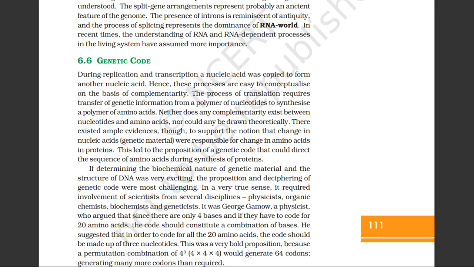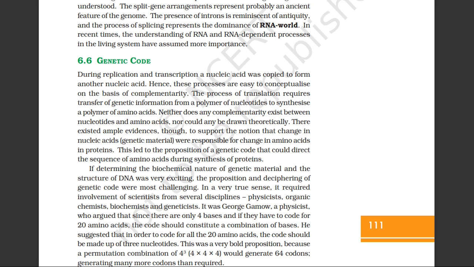Neither does any complementarity exist between nucleotides and amino acids, nor could any be drawn theoretically. There existed ample evidence, though, to support the notion that changes in nucleic acids, genetic material, were responsible for change in amino acids in proteins.